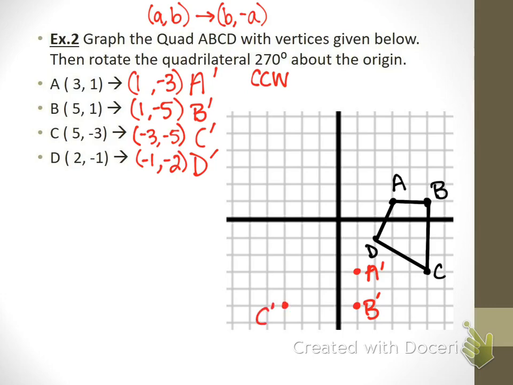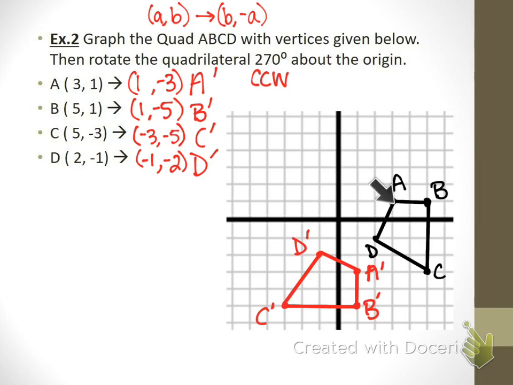C prime. And D prime, sorry, is at negative 1, negative 2. Again, connect them in the correct order. And there we have it.